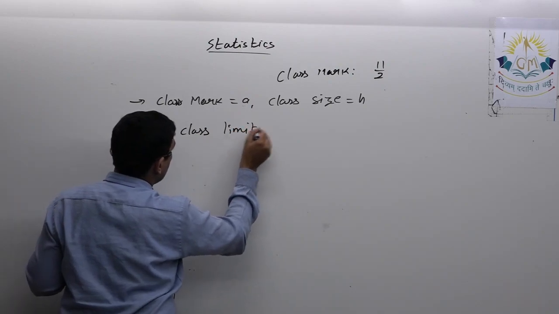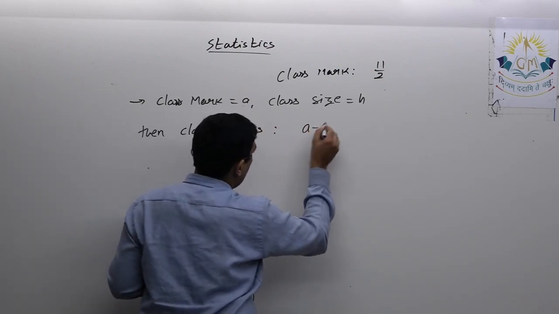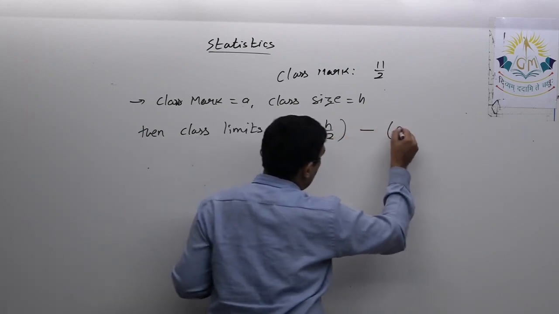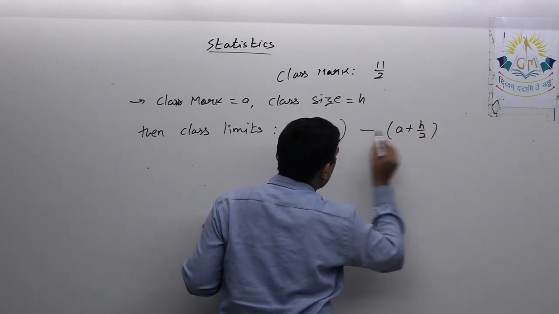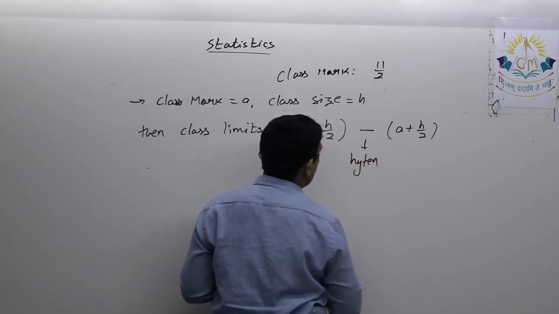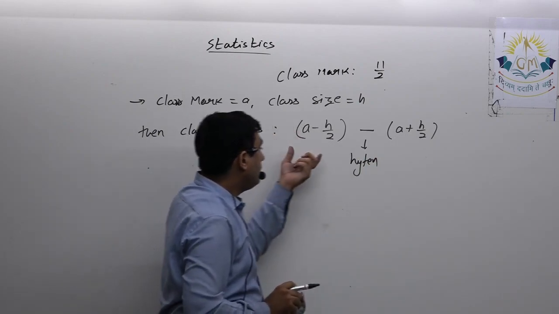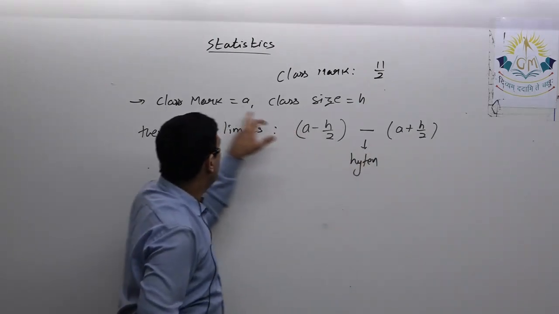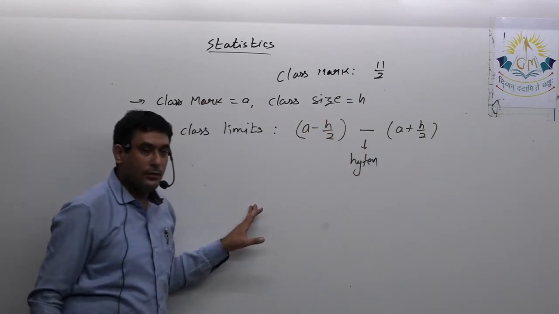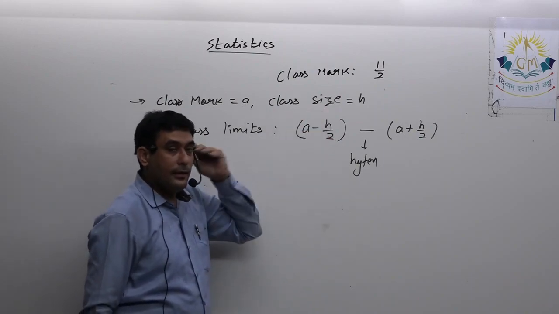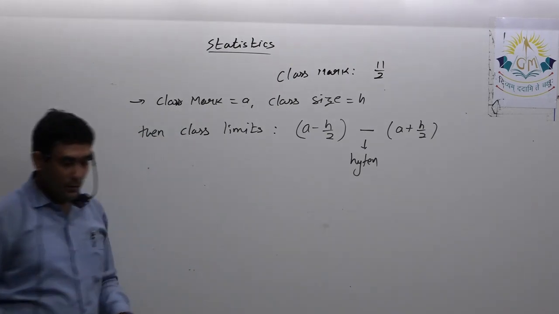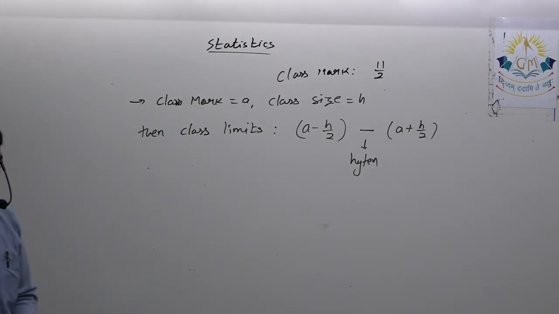Class limits are A minus H by 2, this will be the lower limit, and A plus H by 2, the upper limit. This is not the minus sign, this is the hyphen. Now if only class mark is given, then how will we find the class size? Just now I told you, it is the difference of two consecutive class marks. So that is about the basic theory.